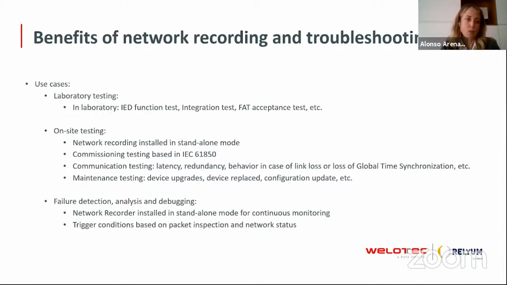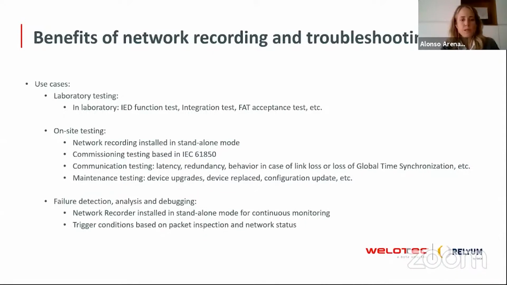These were the more traditional testing uses that we know until today, but we have to consider another scenario where this traffic recorder can help us. It's the case when we have one of these devices installed in standalone mode doing continuous monitoring of the network. If we are capable of triggering conditions based on packet inspection of the network, these devices can help us detect some failures in advance and even help us analyze and debug them easily.